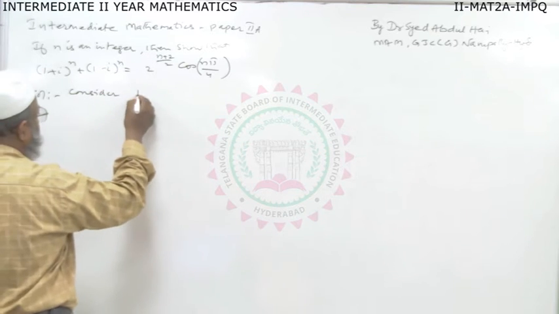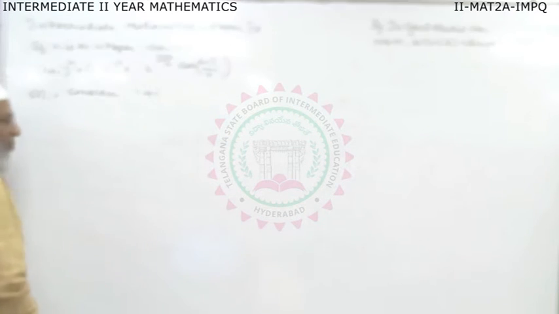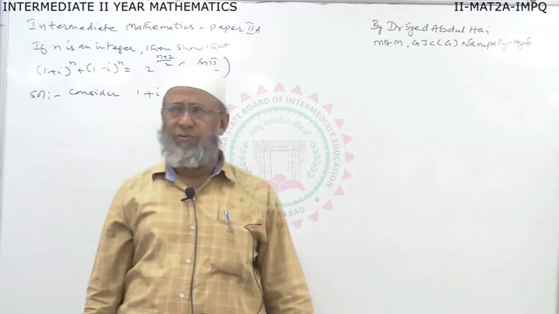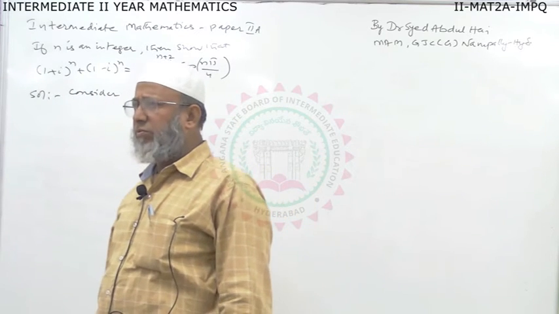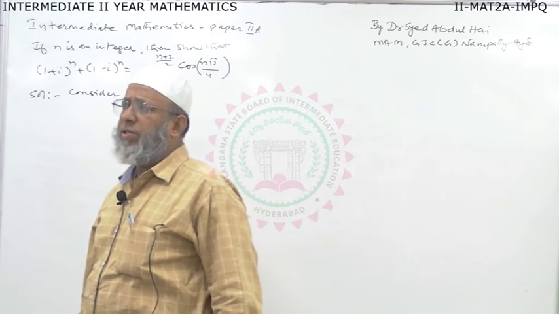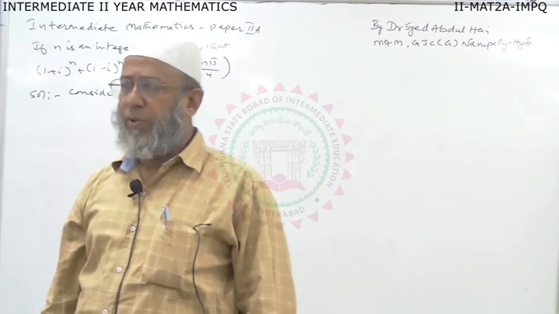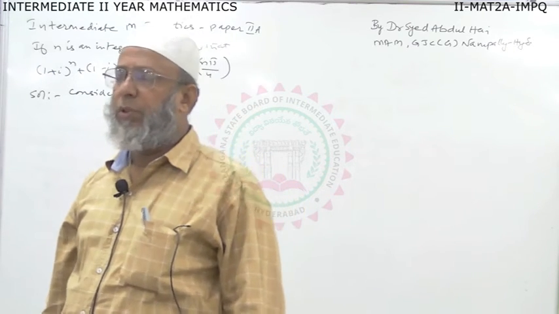Consider 1 plus i. Here, there are two methods to find the value of 1 plus i. The first method is using the polar form.